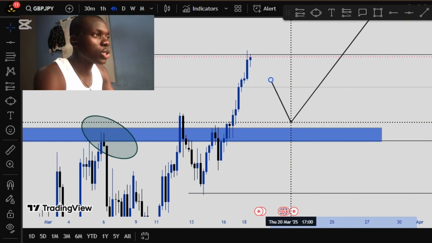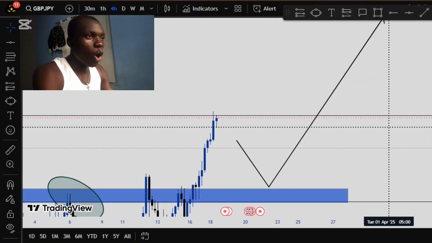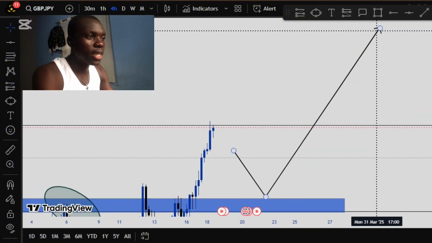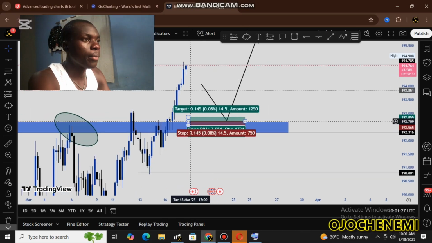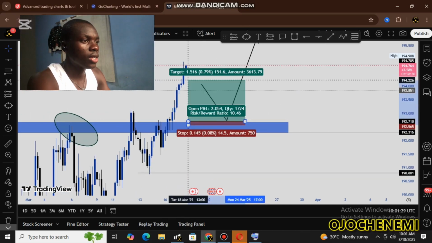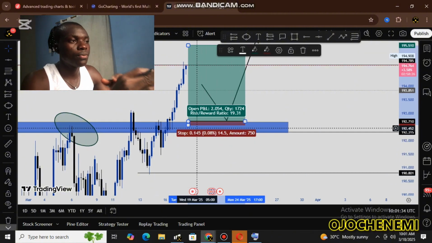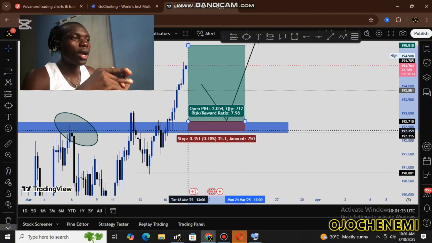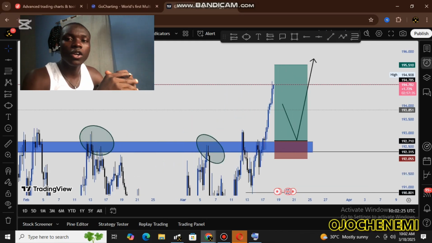We don't know when it's going to tap in, but all we do is wait for the price to come back and tap in the zone, then we'll buy. From here we'll buy to a new high. Our stop loss will be beneath here. This is what I'm particularly waiting for on the GBPJPY. Once I see this retest back to this zone, I'm going to buy.